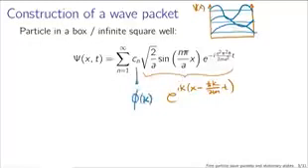And finally, this sum out front. Again, we can't do a sum if we have a continuous set of functions that we want to add up. We have to do an integral. The integral now is going to be an integral over k. So our sum over n became an integral over k. Our coefficient subscript n became a function of k.